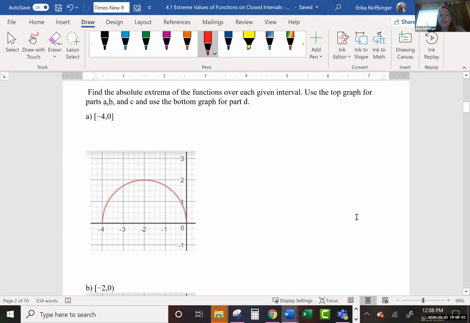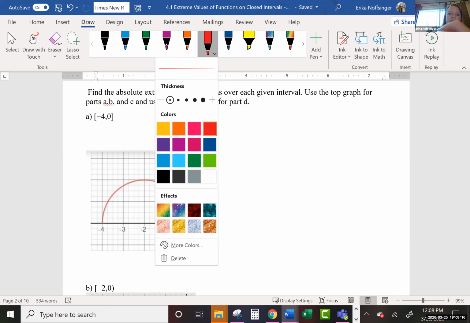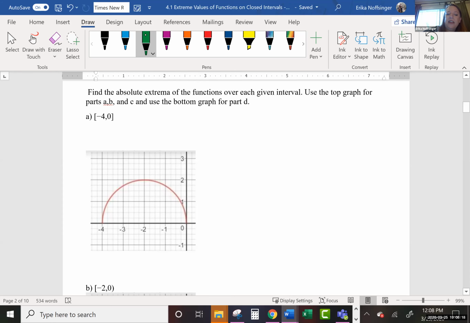And so if you look at this example here of this graph, we're looking at find the absolute extrema of the function over the given interval. Use the top graph. Okay, I copied and pasted. So right here, do a different color. We have the interval from -4 to 0. So it's a whole picture of this graph.